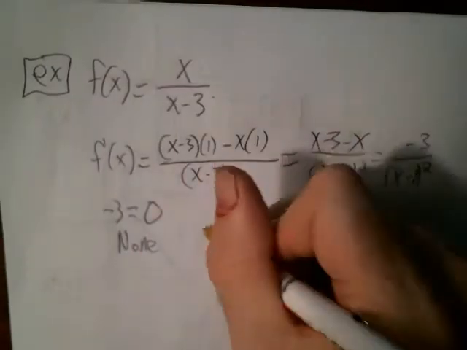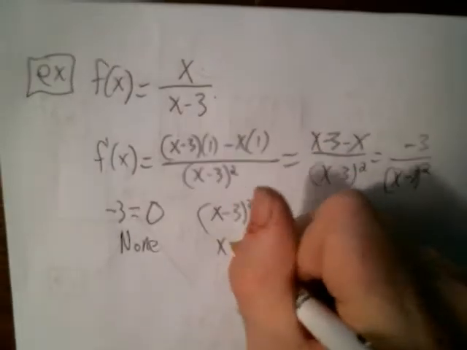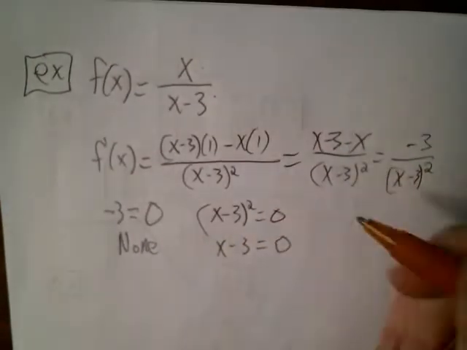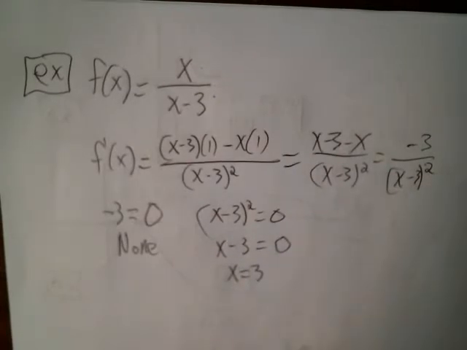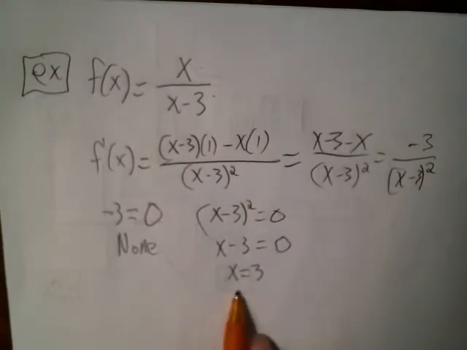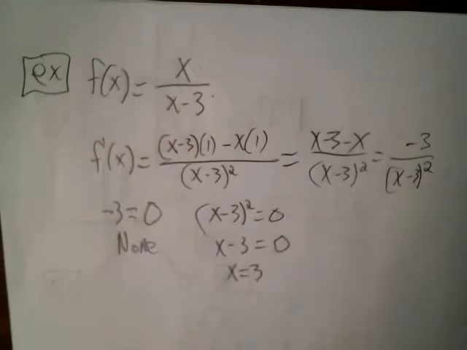And then set the denominator equal to 0. This is probably going to be more confusing than helpful. But in this case, a potential candidate for a critical number would be x equals 3. The problem with that is the original function is not defined at that point. So there's no way there's going to be a min or a max value there. Okay, so that's a crummy example.